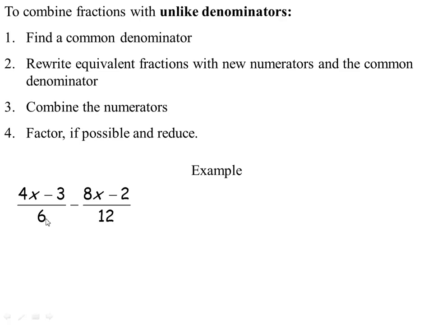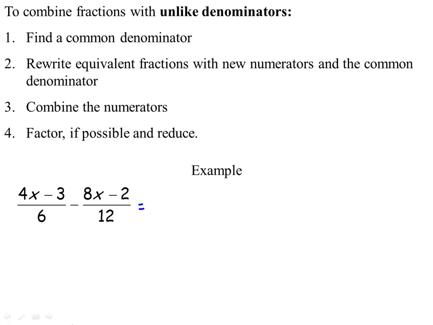So 6 is not your common denominator because 12 won't go into 6. 6 will go into 12 though. So what is a number that both 6 and 12 will go into? Smaller. 12. You can use 24. It's not the least common denominator, but it is a common denominator, okay? That just means you'll have to reduce later on. But the least common denominator is going to be 12.